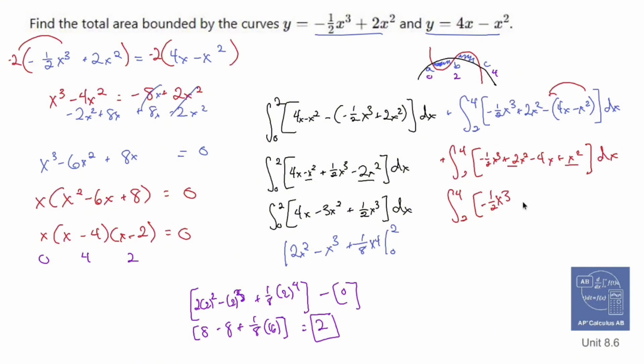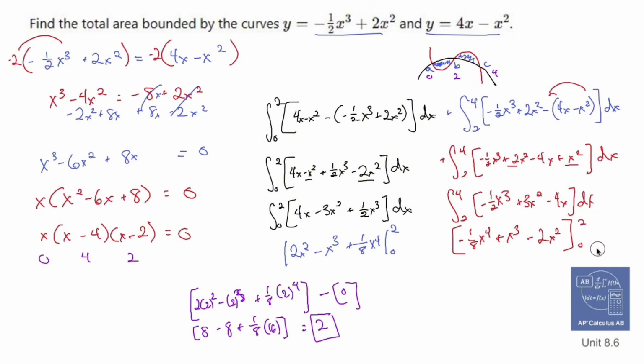These guys combine to make plus 3x squared minus 4x, close it, dx. And now when I integrate, I get a lot of similarities over here. This becomes negative 1/8 x to the 4th plus x cubed minus 2x squared, limits at 0 and 2. Nope, limits at 2 and 4.